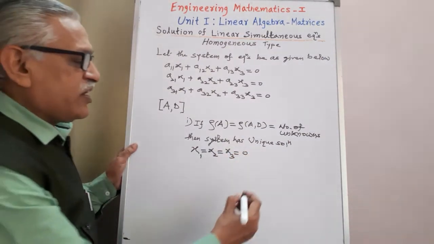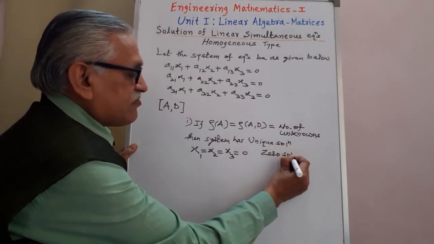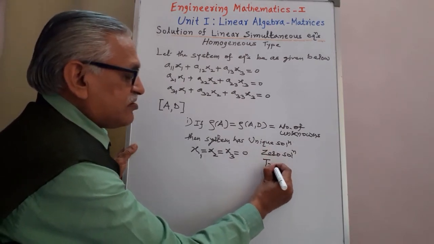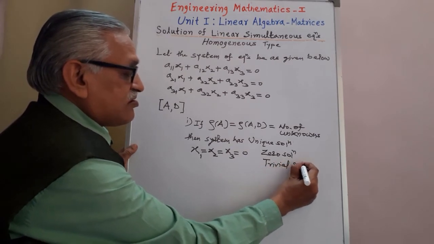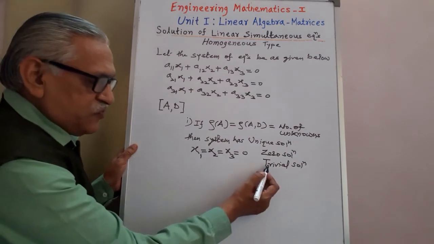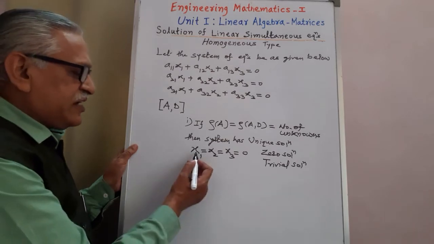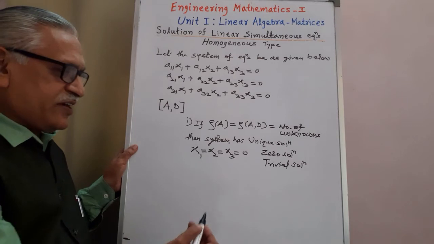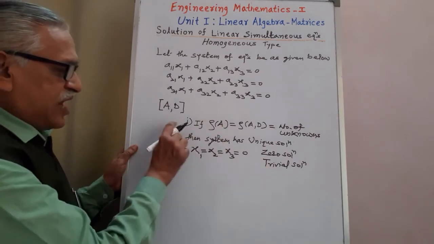That unique solution is called a zero solution, or another name for it is trivial solution. The dictionary meaning of trivial is insignificant. Insignificant in the sense that as all values are equal to 0, that's why it is called a trivial solution. This is the first type of solution.